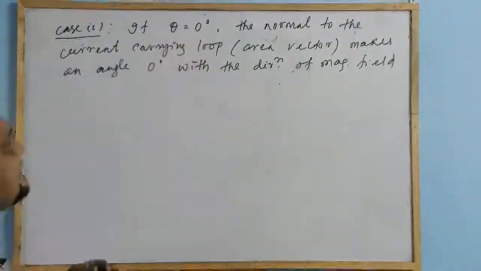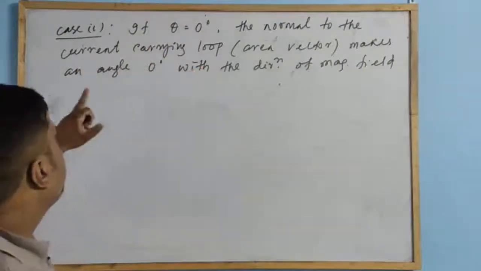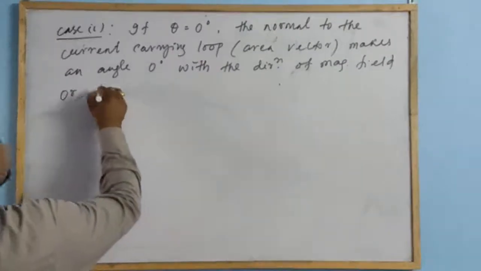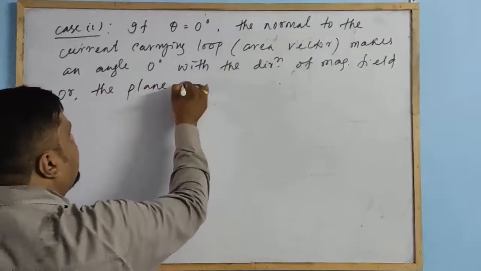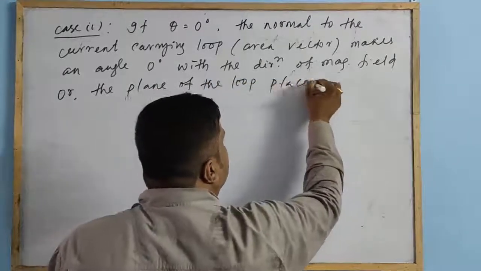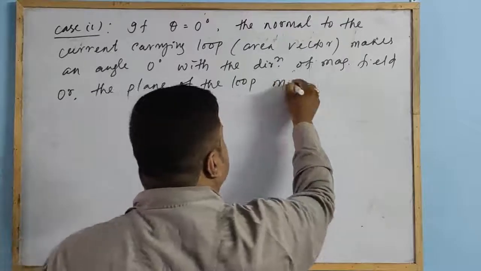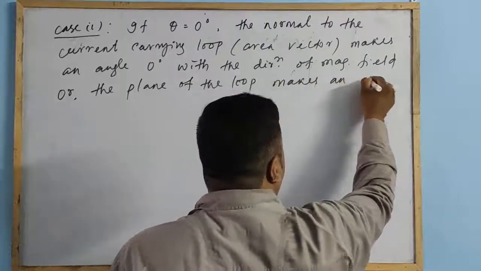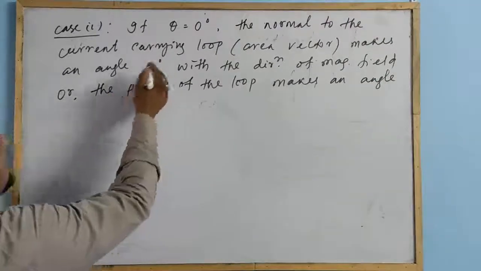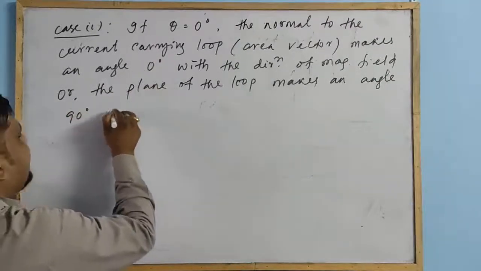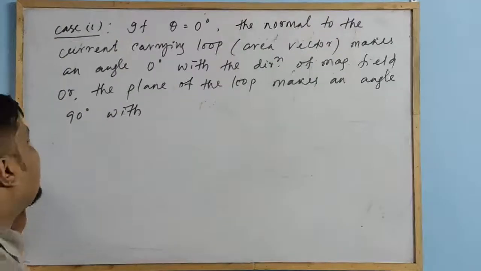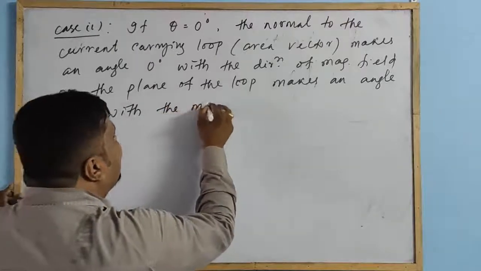Or this can be written as: theta is 0, the normal to the current carrying loop makes an angle 0 degree with the direction of magnetic field, or the plane of the loop makes an angle 90 degree with the magnetic field.